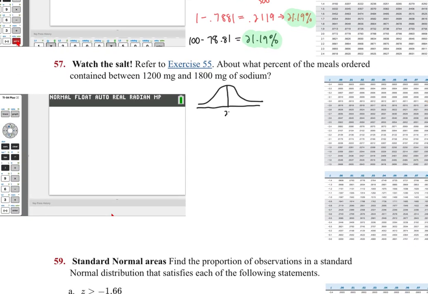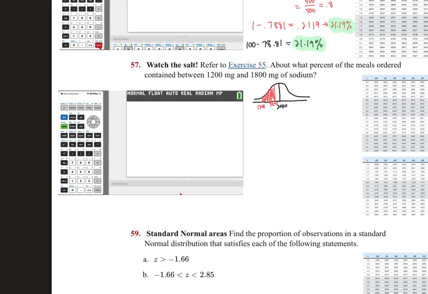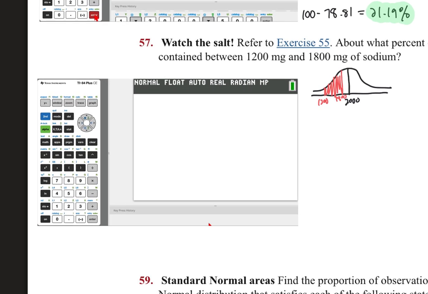Our mean is 2,000. Okay, and then we want between 1,200 and 1,800. So that's 1,200. So that's 1,800. So we want all that area. So that's just the area in between. So when we do normal CDF, 1,200 will be our lower, and 1,800 will be our upper.